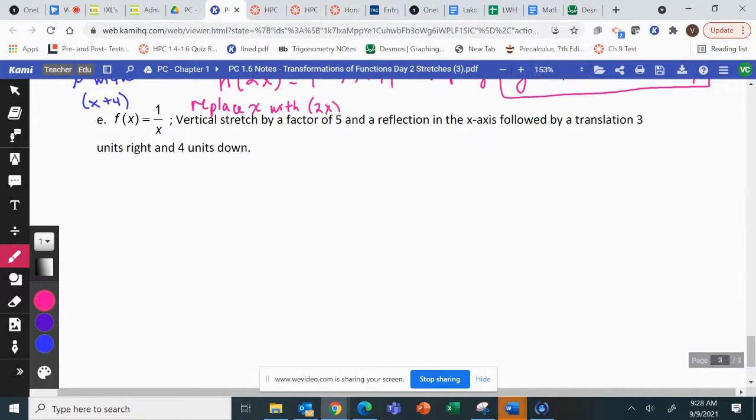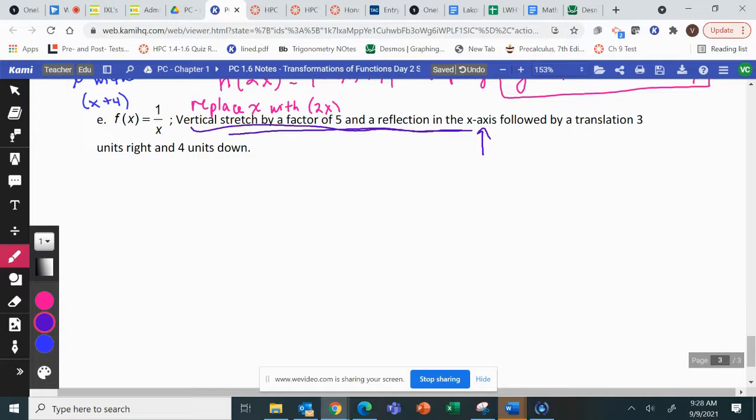All right, we have one last one. f of x equals 1 over x. We're going to do a vertical stretch by a factor of 5 and a reflection in the x-axis, followed by a translation 3 units right and 4 units down. So vertical stretch by a factor of 5 and a reflection in the x-axis. If it's a reflection in the x-axis, is that vertical or horizontal? Vertical.